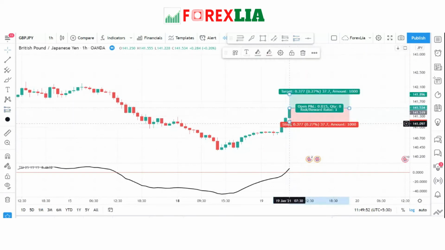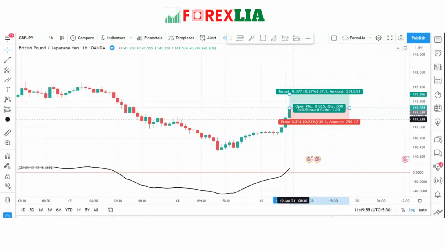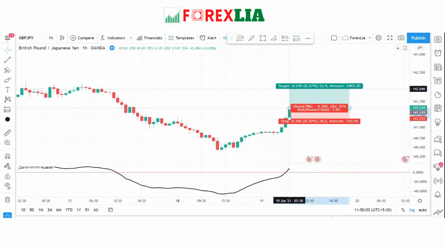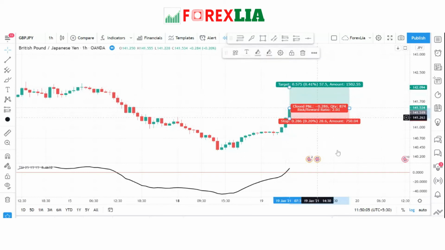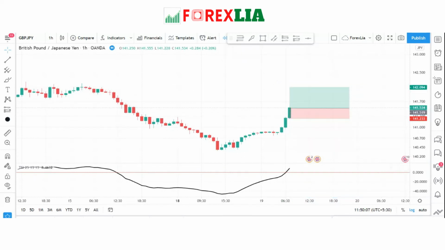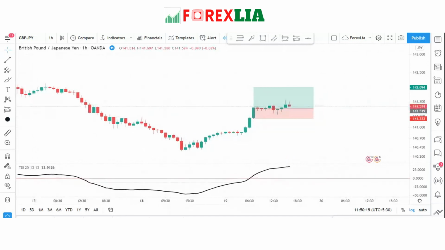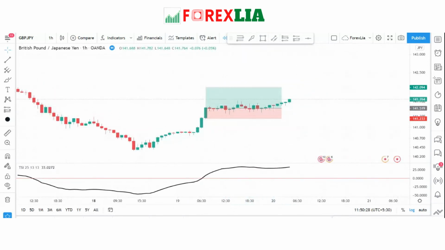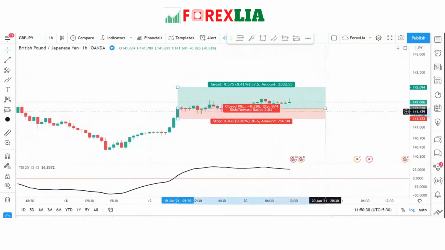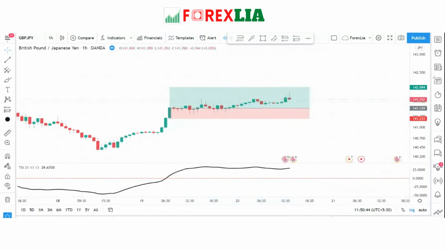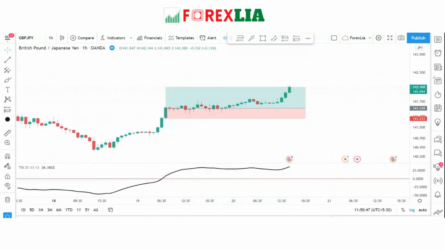We set the stop loss at the lowest point of the candle and set the profit target at 1:2. We won this trade.